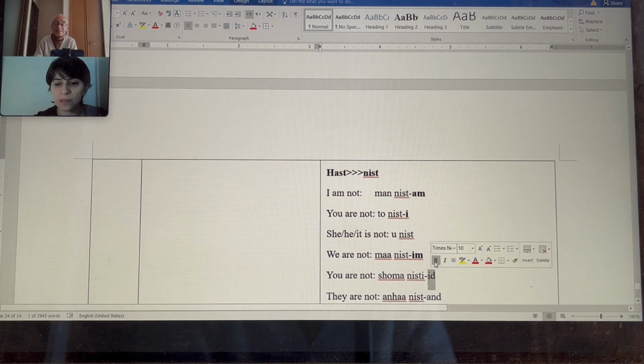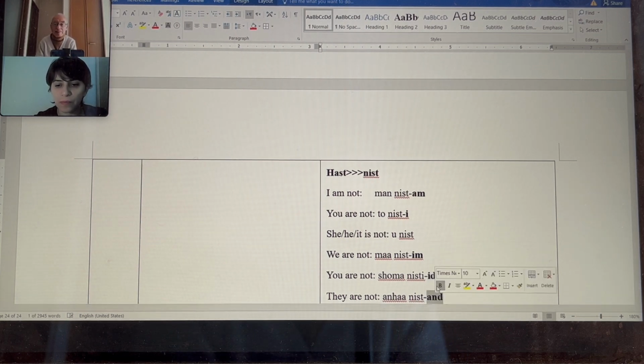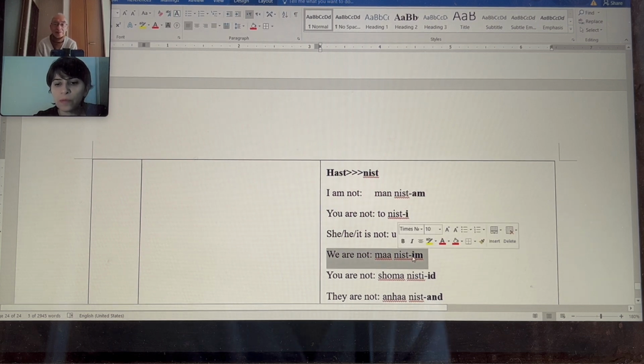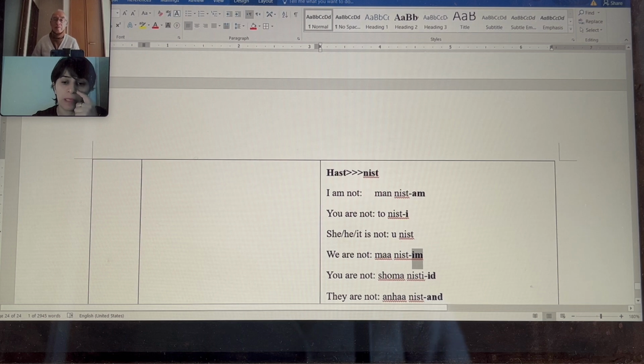Of course, it's difficult to just right now memorize everything. But for the first person and for the second person, you already know. For the third person, it's basically no personal suffix. At this point, what is added is for the first person plural, nistim.